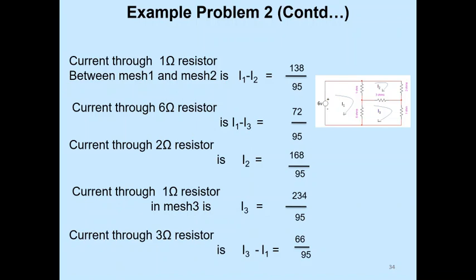First we identify the impedance matrix, then find the determinant of the Z matrix.